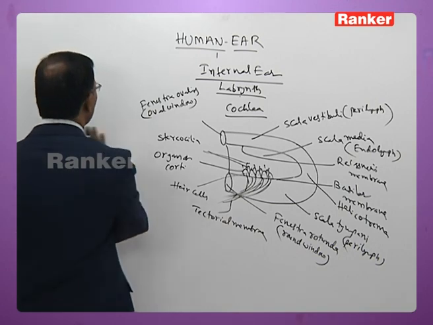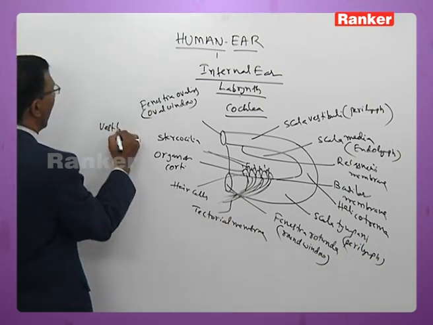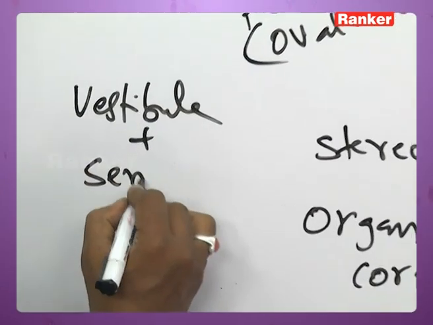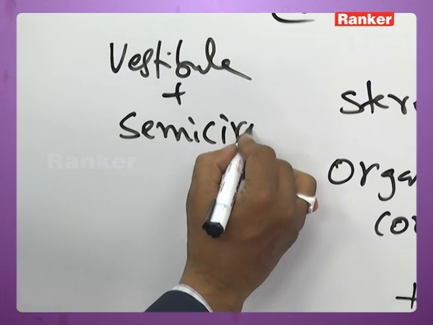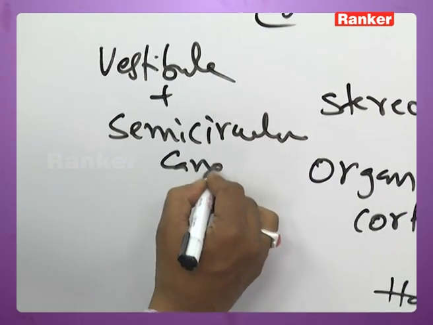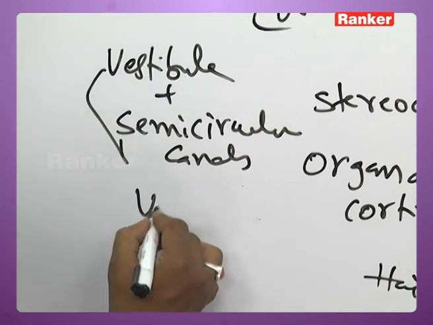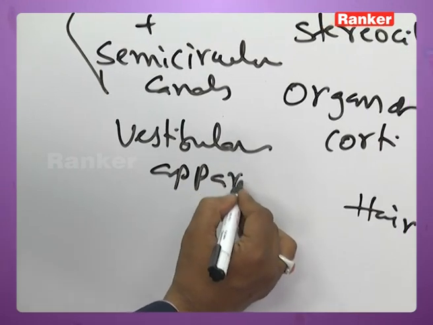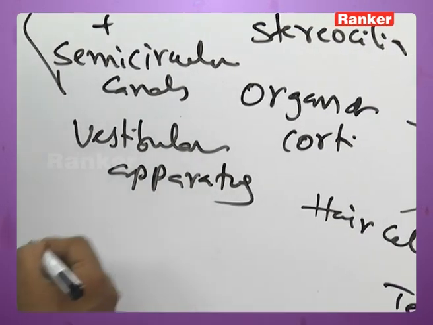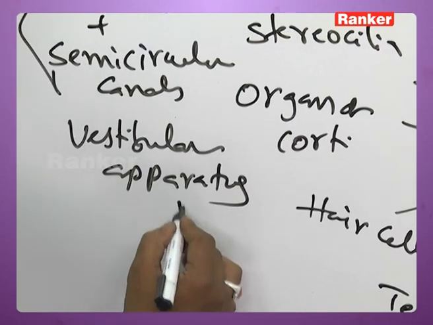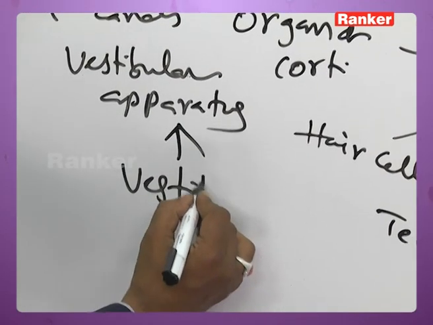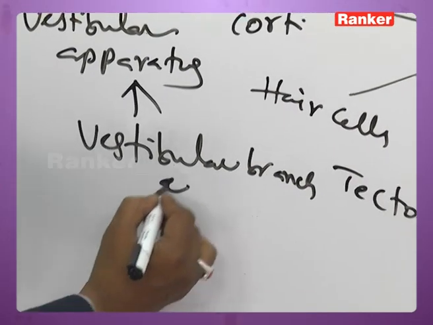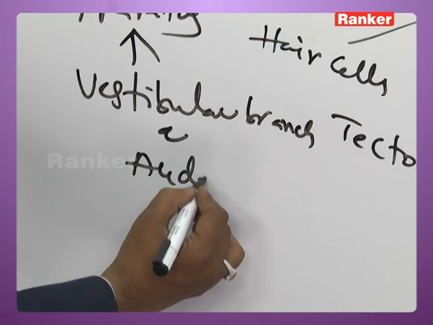Now the vestibule, that is sacculus and utriculus, and semicircular canals, both of them constitute vestibular apparatus, which is innervated by vestibular branch of auditory nerve.